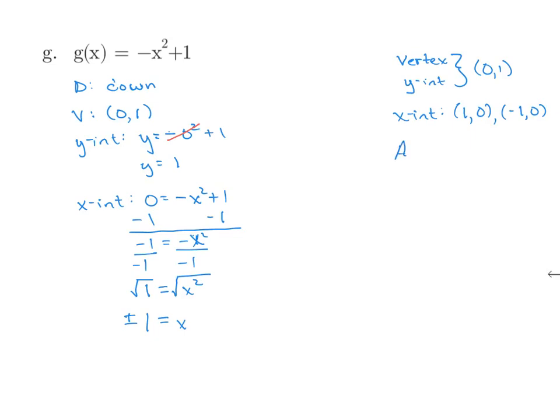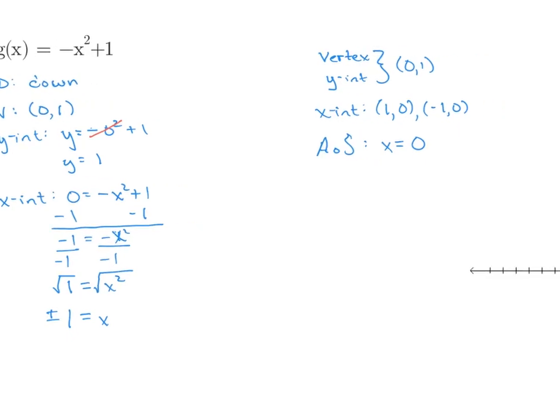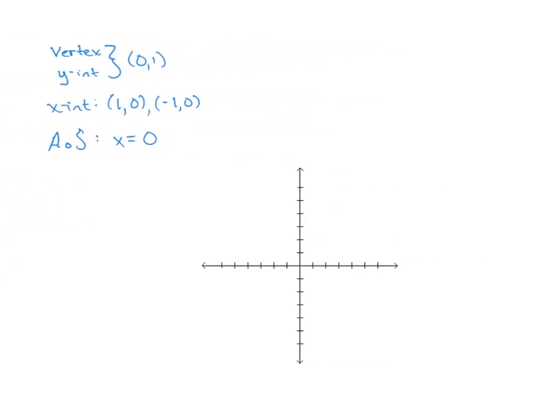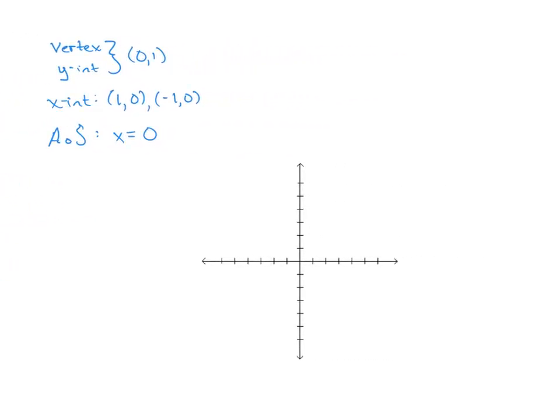My axis of symmetry is going to be x equals the x-coordinate of my vertex, so it's going to be x equals 0. All right, let's graph what we have. Our vertex is (0, 1). Our x-intercepts are (-1, 0) and (1, 0).